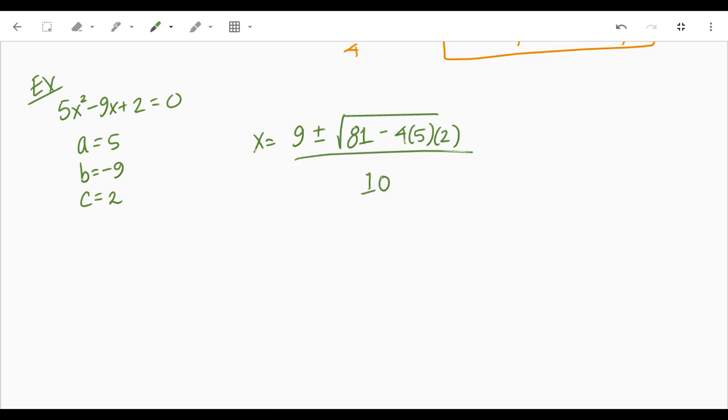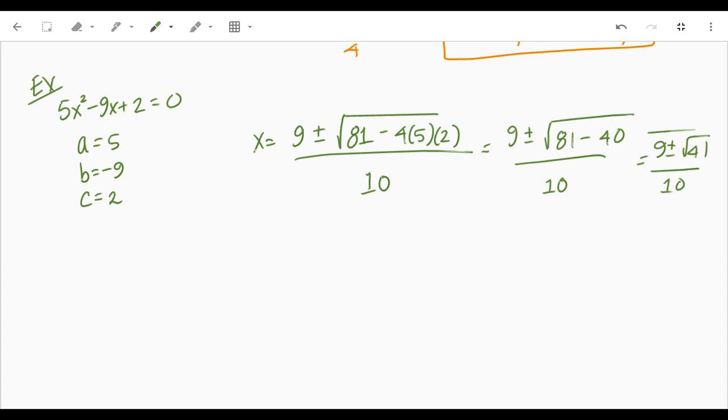So we're going to have 9 plus or minus the square root of 81 minus 40, all over 10. So 9 plus or minus the square root of 41 over 10. And we cannot simplify that radical 41. Okay, so 9 plus the square root of 41 over 10, 9 minus the square root of 41 over 10.